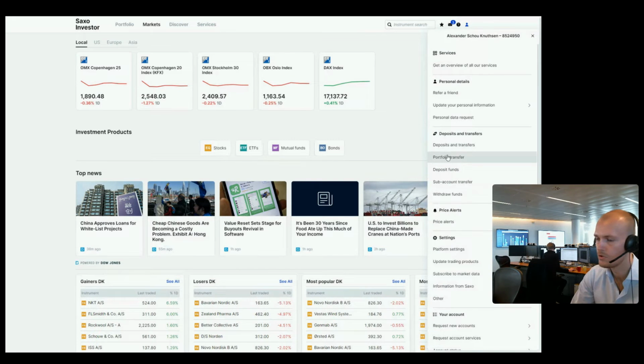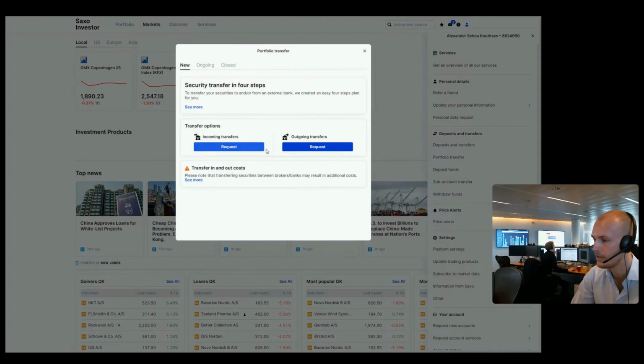And should you want to make a portfolio transfer to Saxo Bank to possibly save some costs so that you don't have to sell all your stocks, move up the cash and invest in them again, maybe for tax benefits as well, you are able to make a portfolio transfer into Saxo with an incoming transfer request, or an outgoing transfer request should you want to change bank.